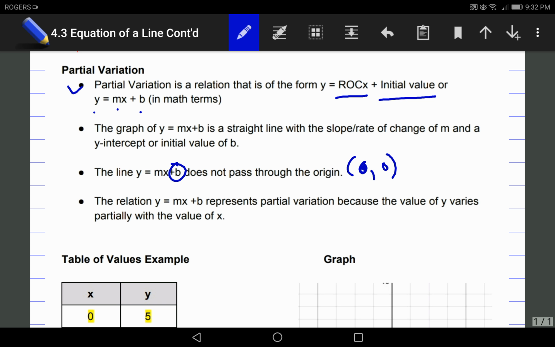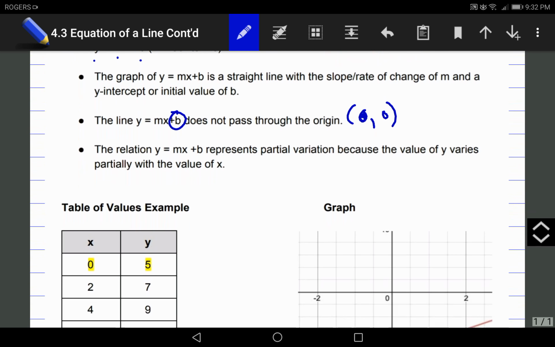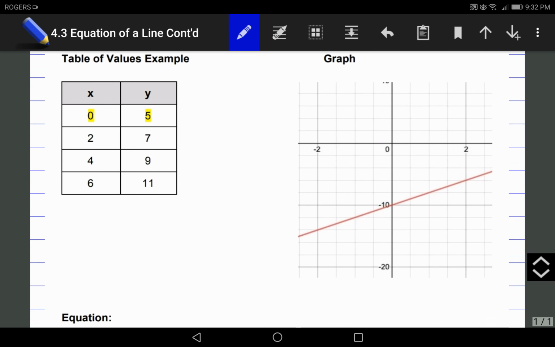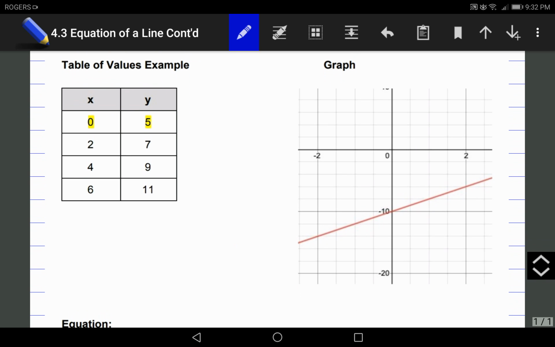Okay, so again, let's look at the graph. All right, so how can you tell that we have a partial variation? As long as the line does not go through the point 0, 0, it's going to be partial. So in this case, it goes through the point 0, negative 10. That's my coordinate there, x and y. Okay?